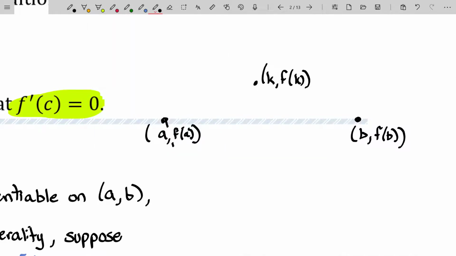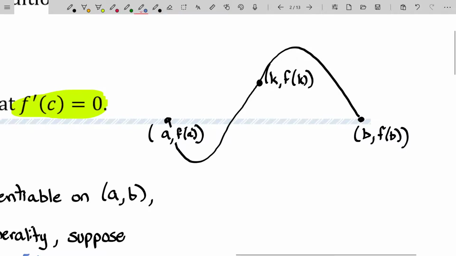It doesn't actually matter what it looks like. It's a continuous function. And let's just suppose it did something like this. Comes back down. It's a continuous differentiable function, but I'm using the fact that it's continuous on the closed interval to say this function must have an absolute maximum somewhere on that closed interval.